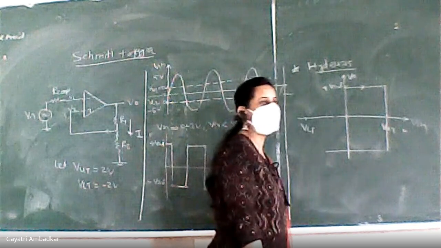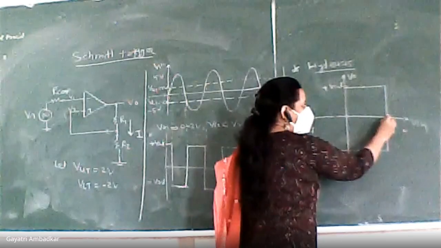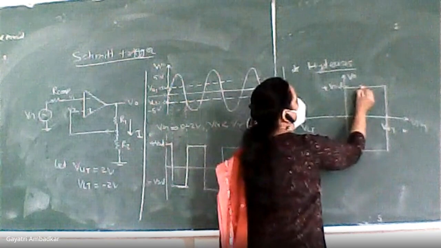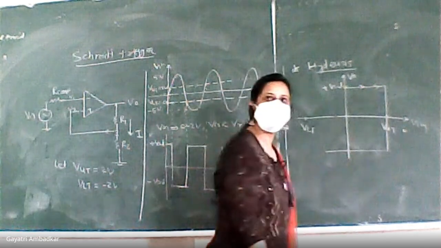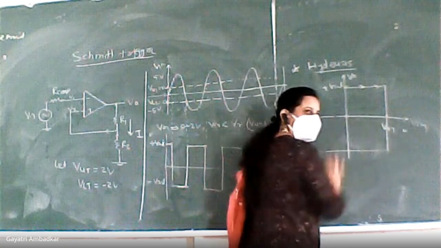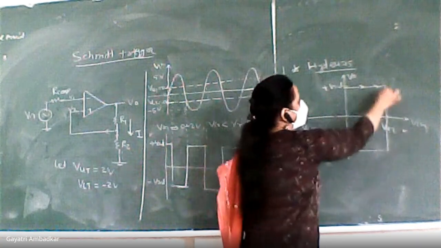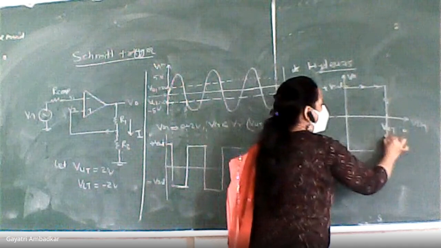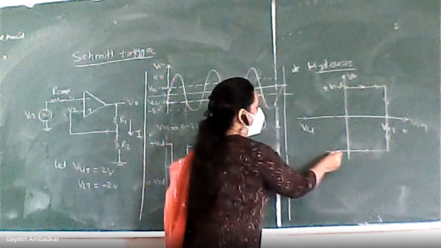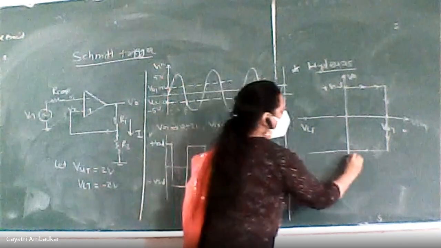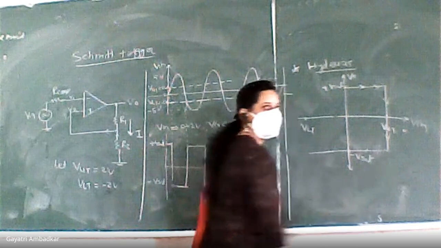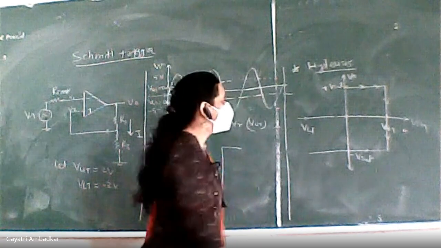Before, when I was increasing input but its value was less than VUT, I was getting output equal to plus Vsat. Moment this Vin has tried to exceed exactly here, the output switches and it becomes minus Vsat. So this is my minus Vsat.